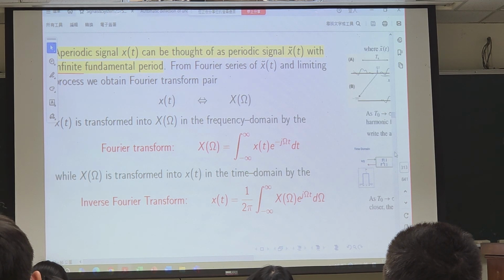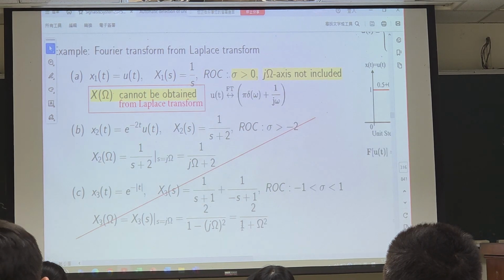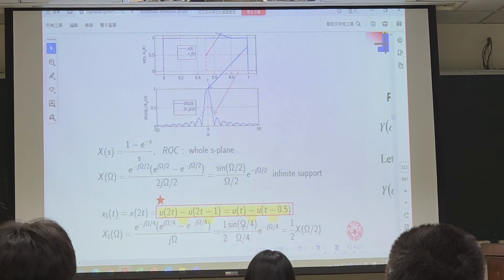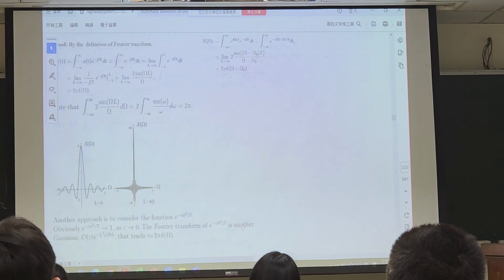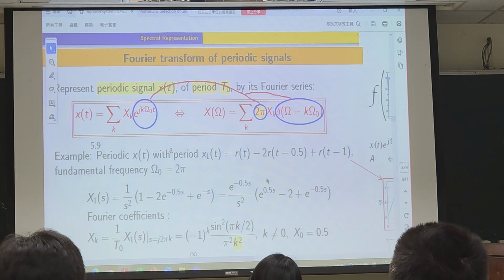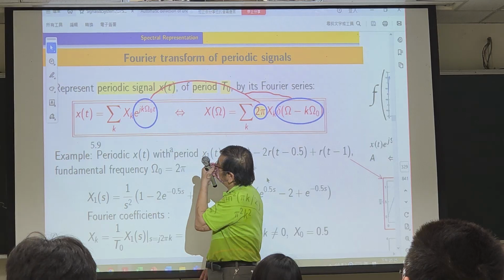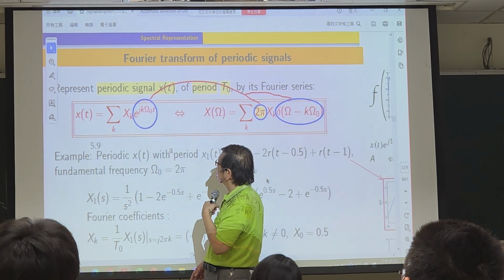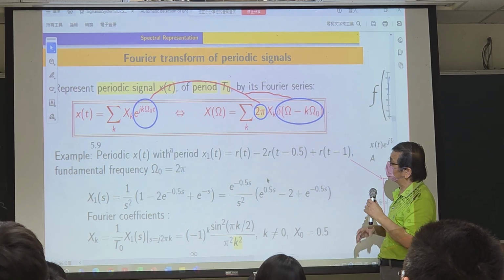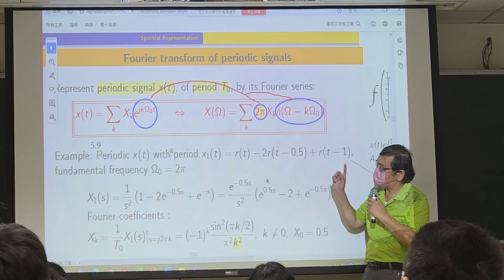And also we need the modulation relation.